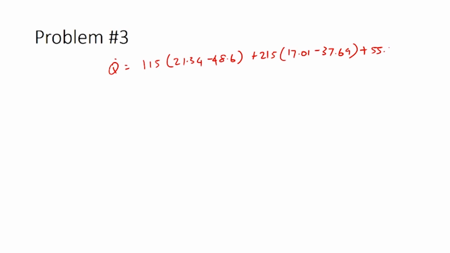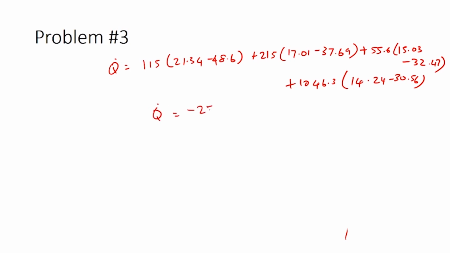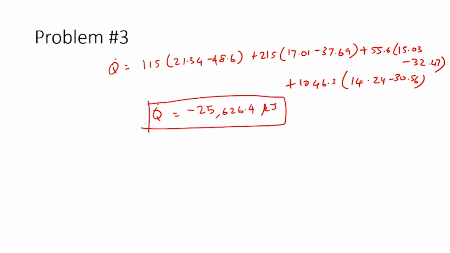So, Q dot can be calculated as delta H dot, which is equal to 115 times (21.34 minus 48.6) plus 215 times (17.01 minus 37.69) plus 55.6 times (15.03 minus 32.47) plus 1046.3 times (14.24 minus 30.56), giving us Q dot as minus 25,626.4 kilojoules.